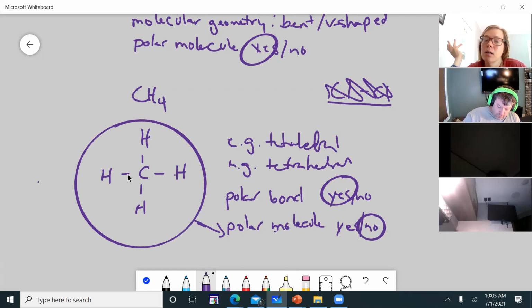Or you could say, do I have any lone pairs on the central atom? No, so we're nonpolar. In your lab, you do have to classify whether the molecules are polar or nonpolar. The lone polar bear should get you through most of it. Questions on identifying a polar molecule or a polar bond?